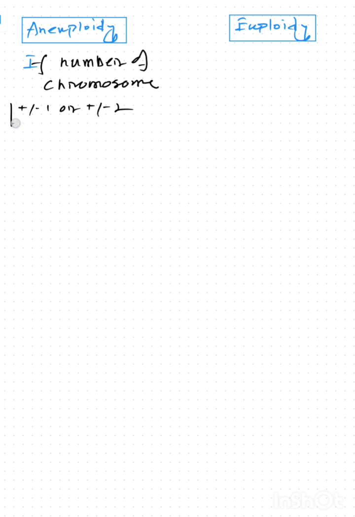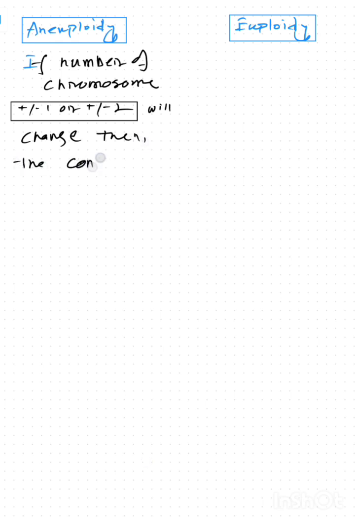So aneuploidy means, if the number of chromosomes changes by plus minus 1 or plus minus 2, up to this much, then the condition is called aneuploidy.